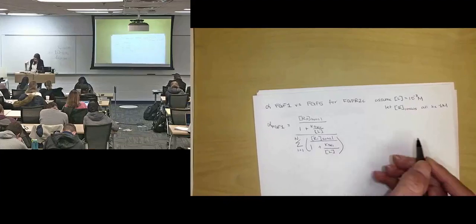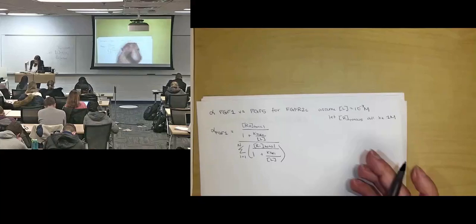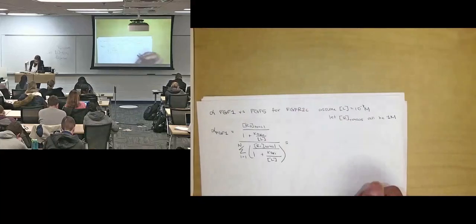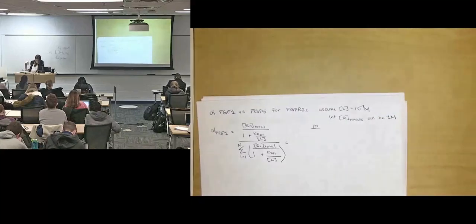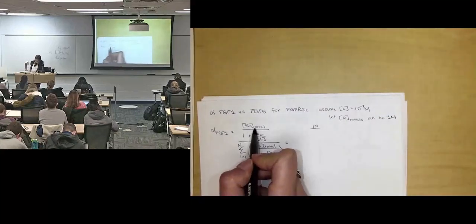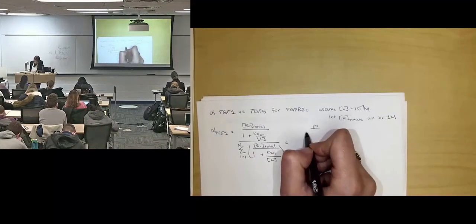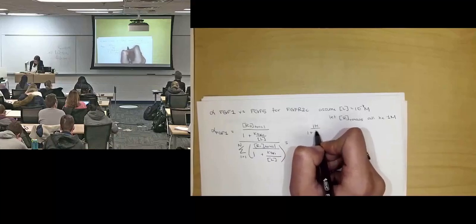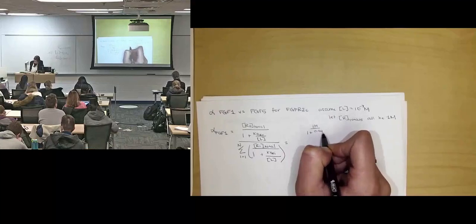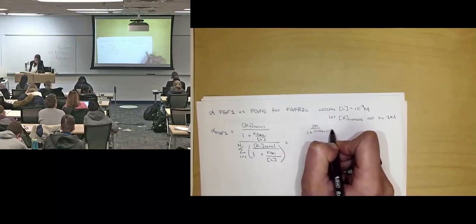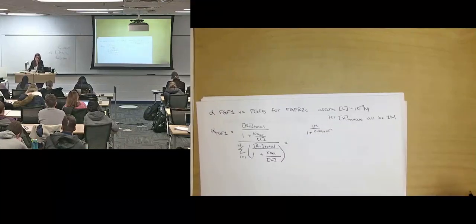Okay. So for FGF1, what this ends up looking like is on the top, I have 1 molar, all my receptor concentrations are 1 molar, over 1 plus, from the table, the primary receptor was 0.94 times 10 to the negative 7th. I think it's written as 9.4 times 10 to the negative 8th in the table.